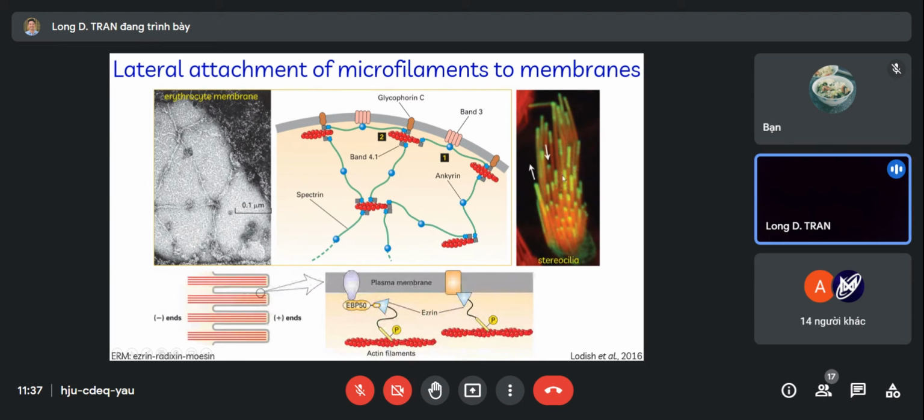The parallel actin can link to cell membrane proteins like ezrin and EBP50. It can be observed in the microvillus as well as the stereocilia. So remember that the stereocilium is actually a microvillus, it's not a true cilium.